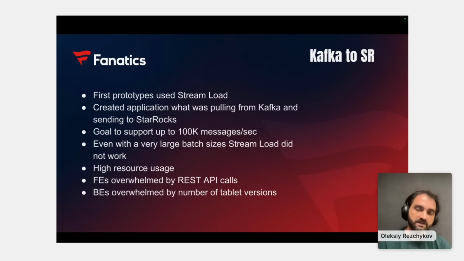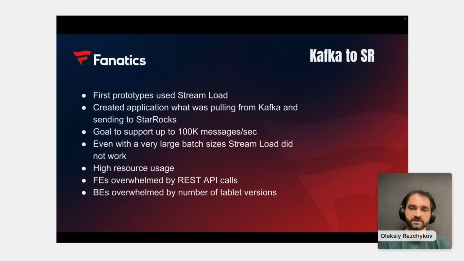So diving deeper into what we did, the first prototypes of Kafka to StarRocks ingestion were done using Stream Load, which uses the REST API to push the data inside. It was super easy to create a prototype that pulls data from Kafka and does a very light transformation, since in a lot of cases we use JSON that is in MessagePack, so it cannot be simply pushed to StarRocks.